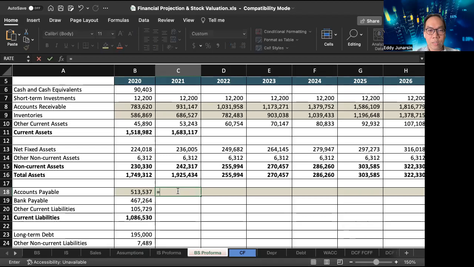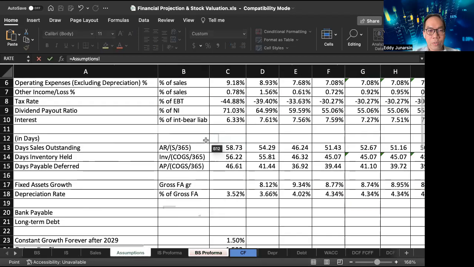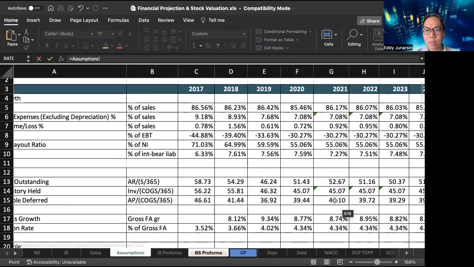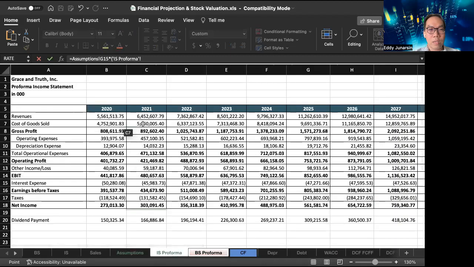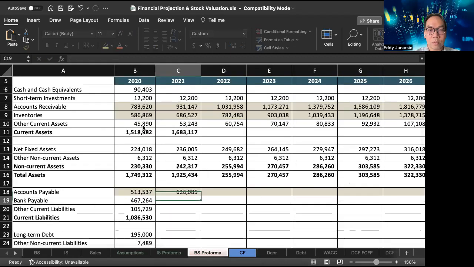So for 2021, it's the ratio, days payable deferred in 2021, this one, times daily cost of goods sold. So daily cost of goods sold. Okay.